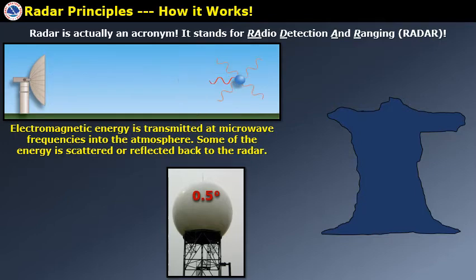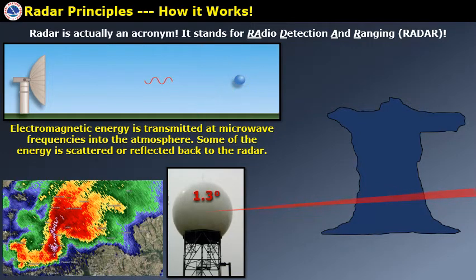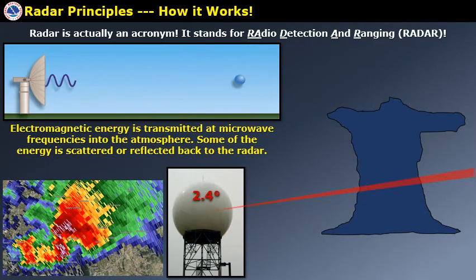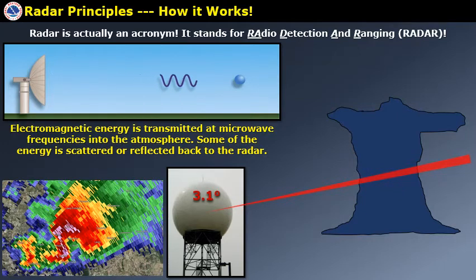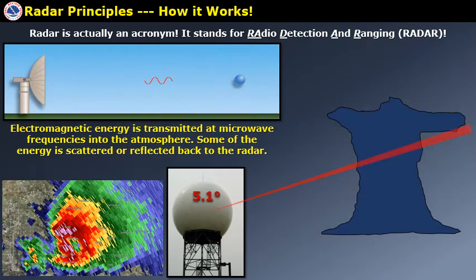Now, in order to sample the complete three-dimensional structure of a target, in this case a storm, the radar will complete a 360-degree sweep. After it has completed this sweep, it will tilt up and complete another 360-degree sweep. Depending on the radar scanning strategy and the range of the targets, the radar will repeat this process an additional 7 to 12 times at higher tilts.